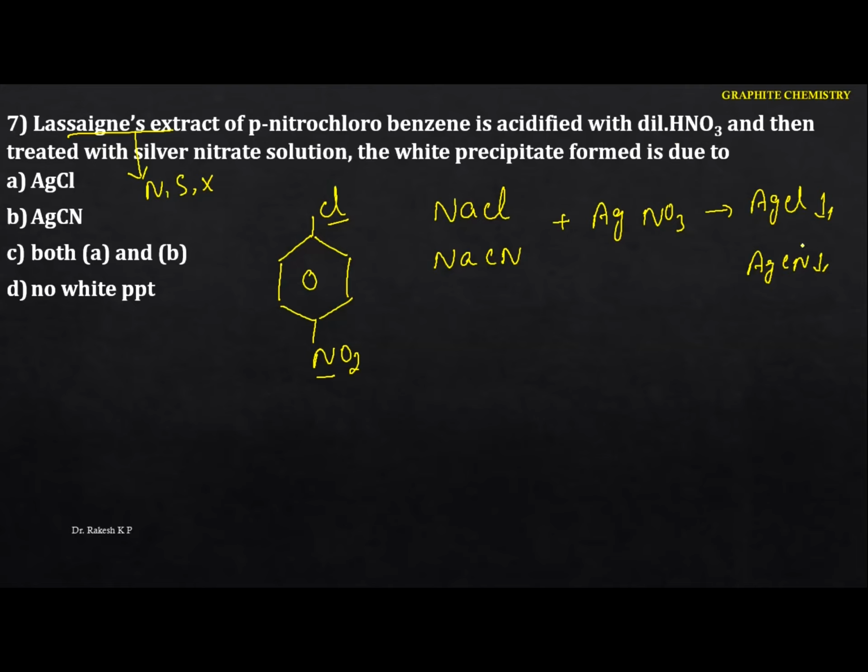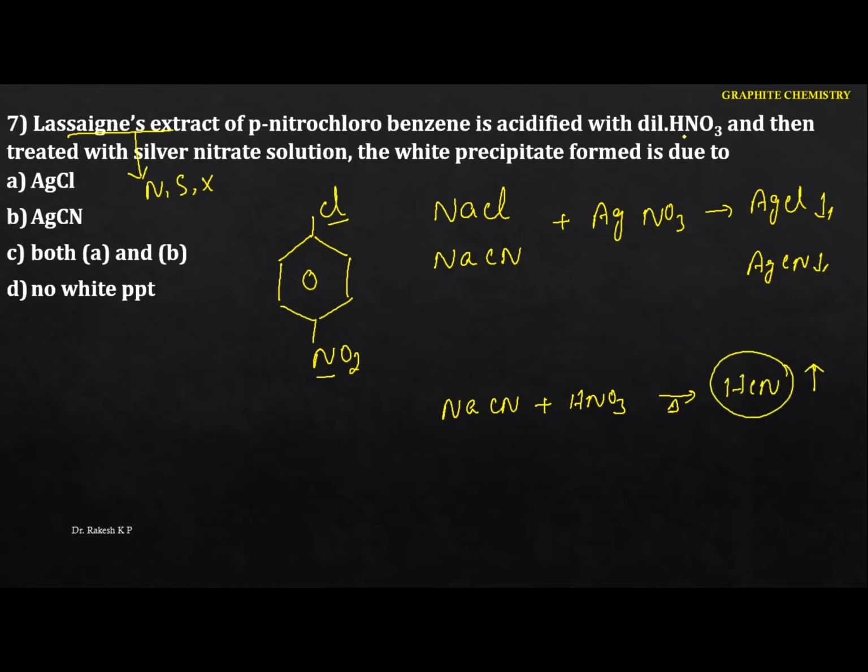Suppose if you boil the entire mixture, the sodium cyanide reacts with nitric acid and changes to hydrogen cyanide. Just go to this reaction here. This sodium cyanide present in the SFE, whenever it is boiled with nitric acid, changes to hydrogen cyanide. This is a gas.